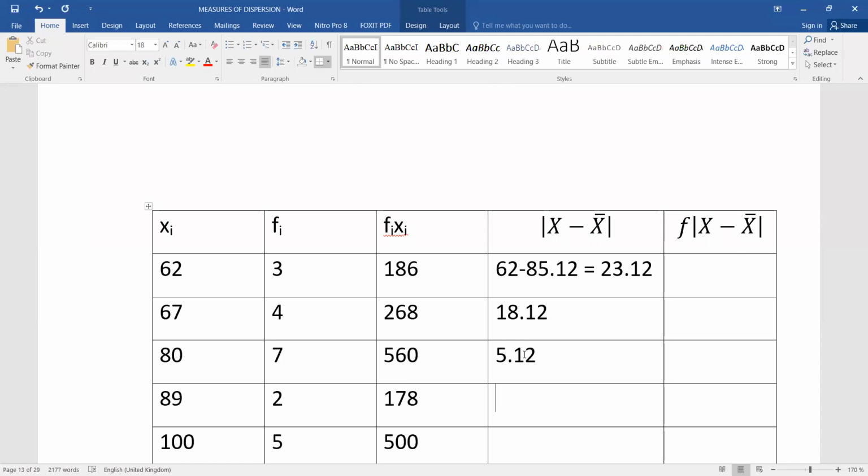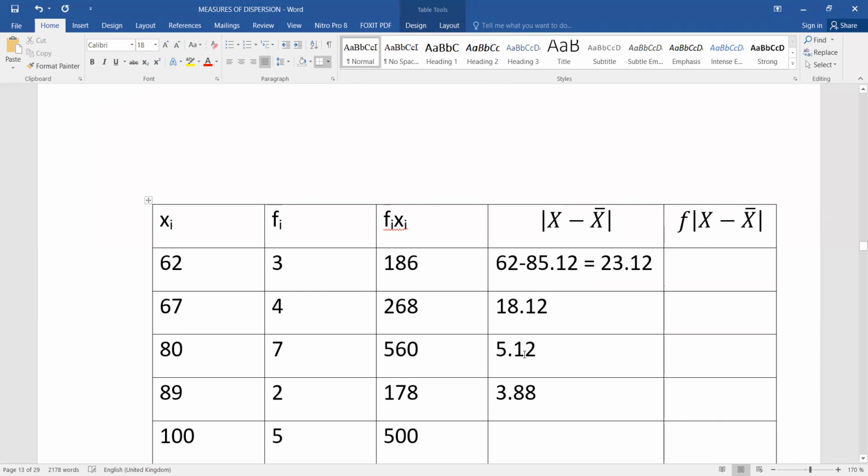Next value. Chris is saying 3.88, going once, going twice. So 3.88 solved. Next value. Chris, 14.88.